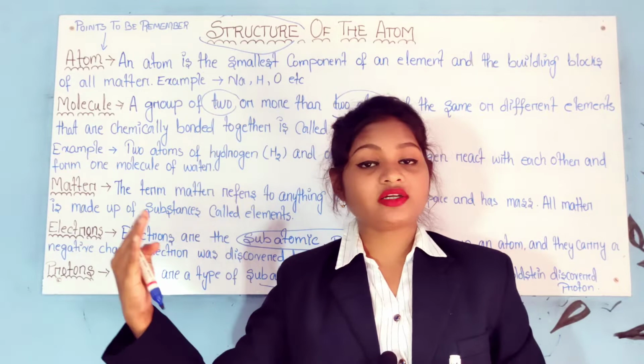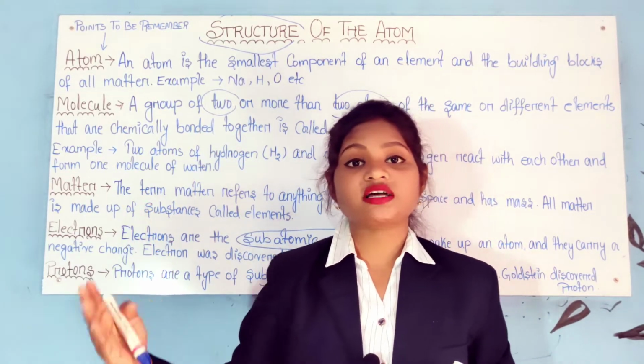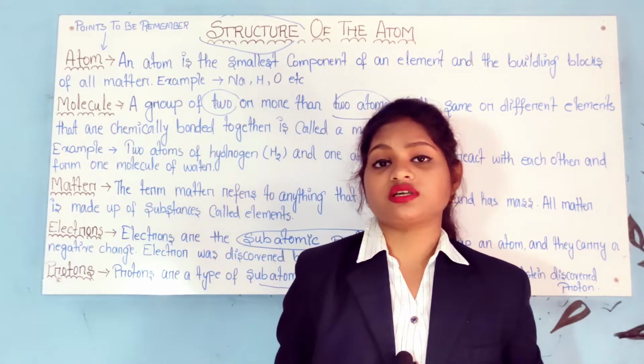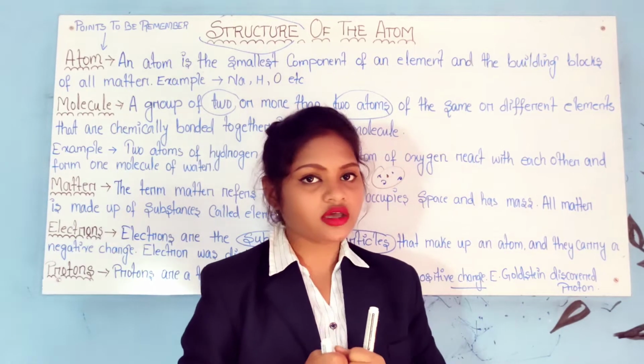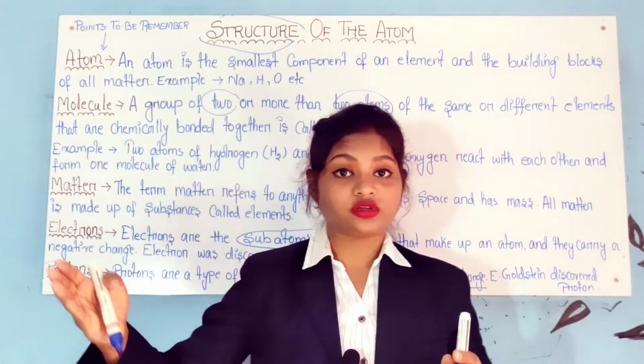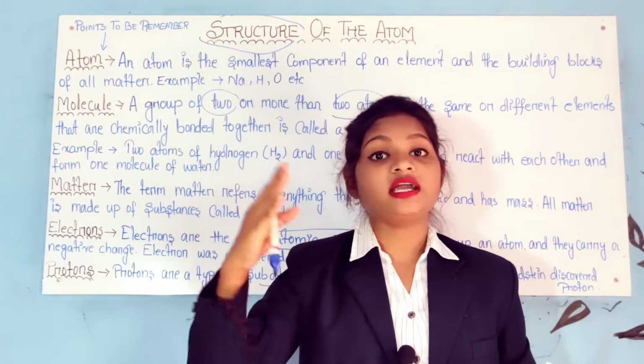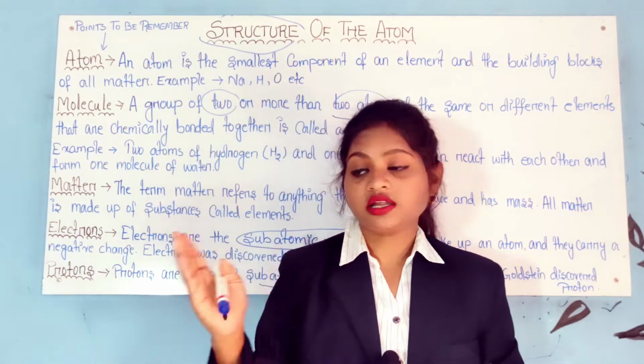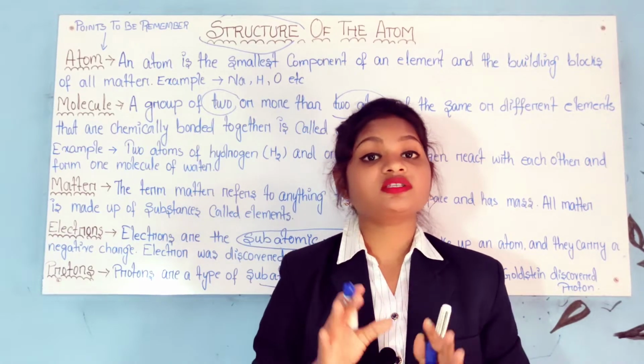The electron was discovered by J.J. Thomson and the proton was discovered by E. Goldstein. Now, Dalton's atomic theory suggested that atoms cannot be divided.